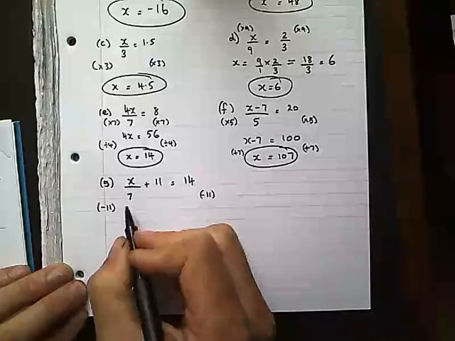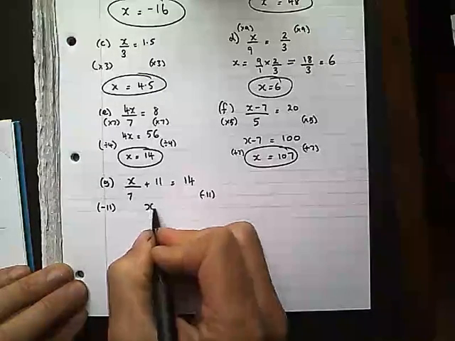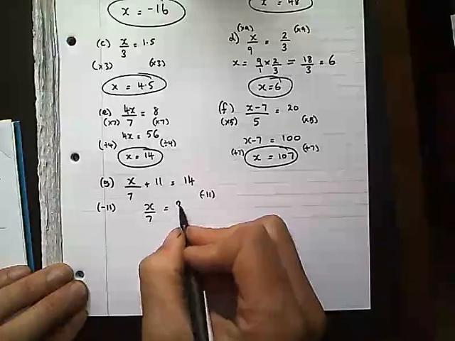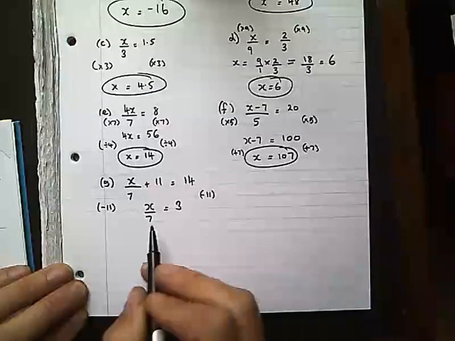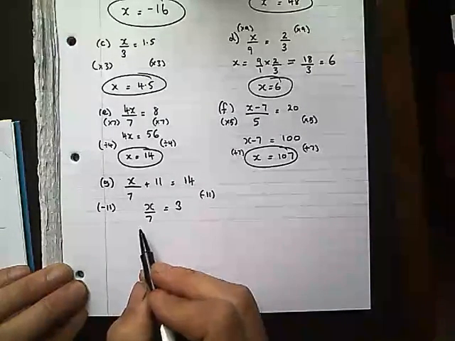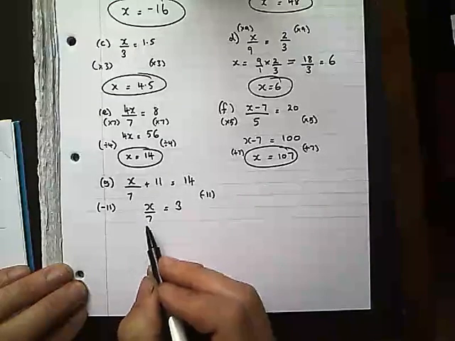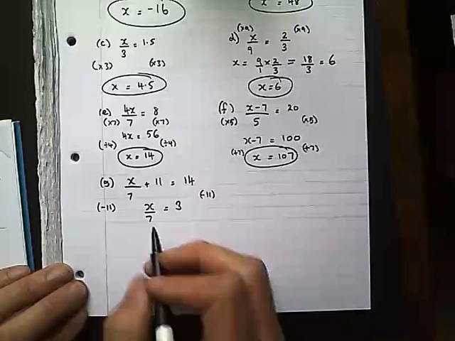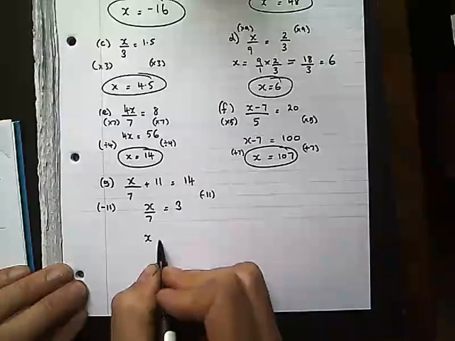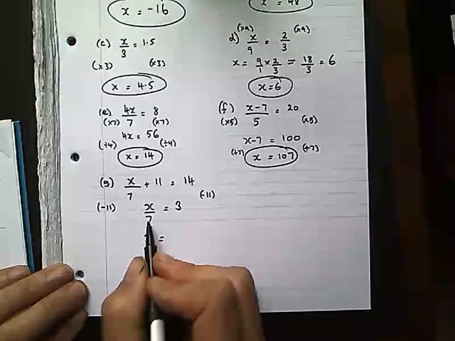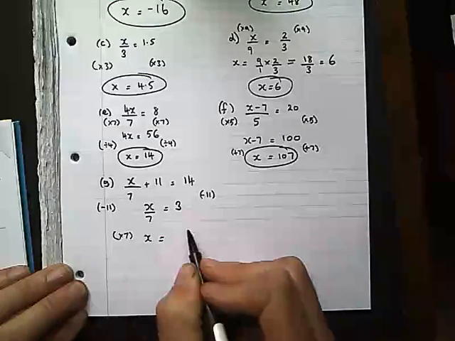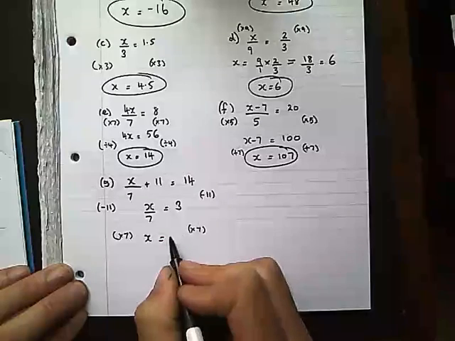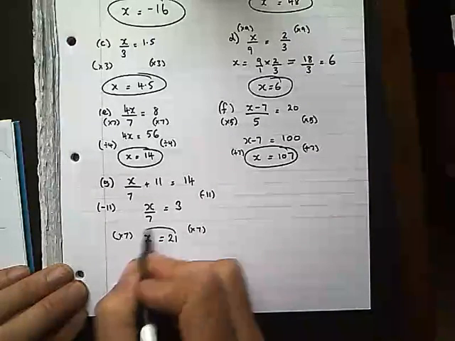That leaves me with x divided by 7, and if I take 11 away from 14, I get 3. Now I've just got the fractional bit on its own. Once it's on its own, I can just times by the number that's on the bottom, the denominator, and I should be left with just x. So I'm going to times by 7 on both sides. 7 times 3 is 21, so x should be equal to 21.